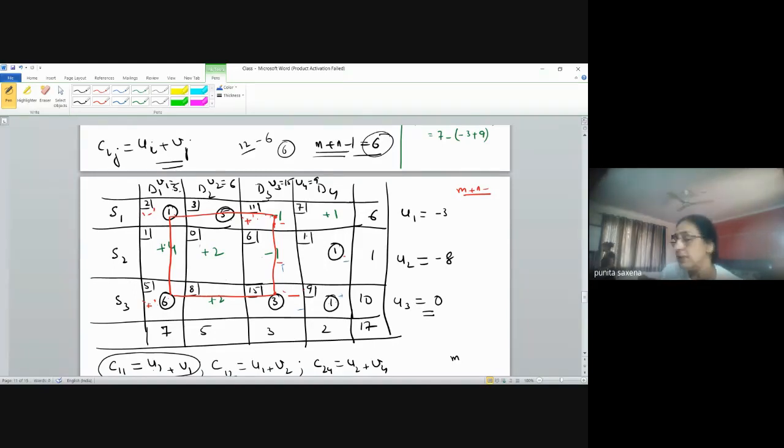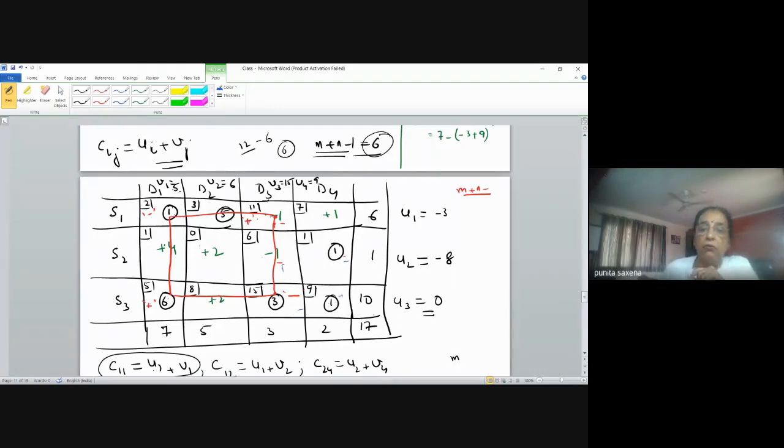So all the plus marked cells indicate that you have to add allocations here, and all the minus marked cells indicate that you have to reduce the allocations from there.